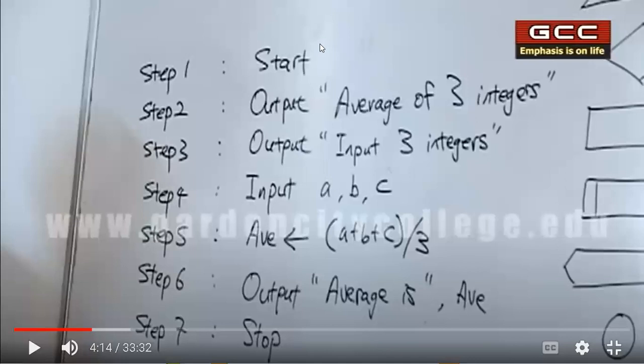Then we're gonna start off with start. You're gonna write the output same way. What would you put for step 2? Talk to me.